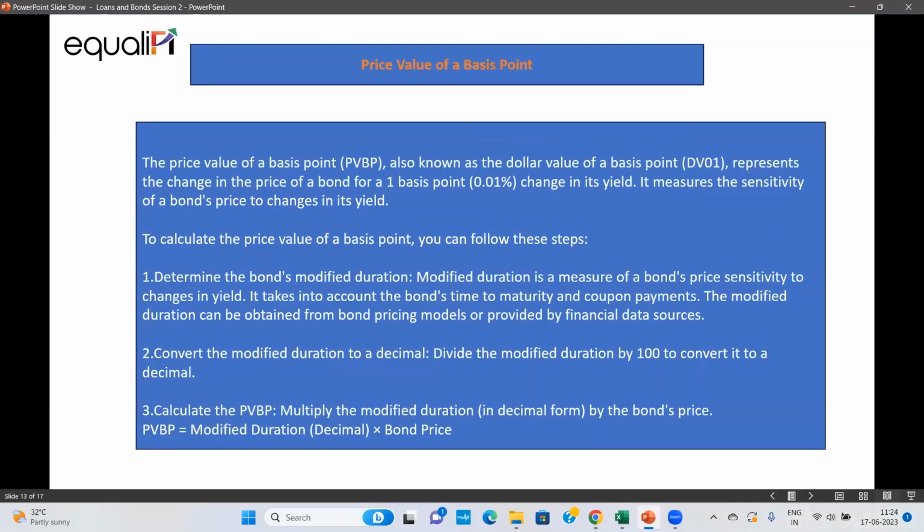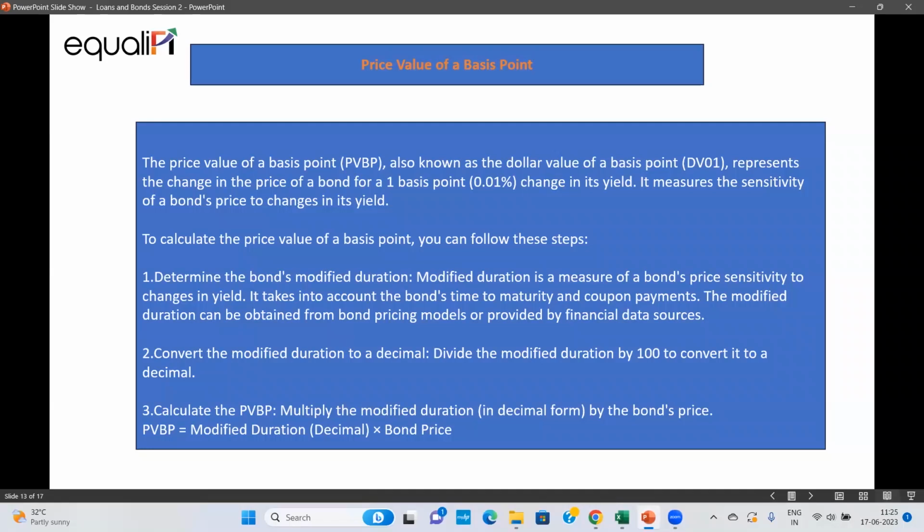The price value of a basis point is also known as the dollar value of a basis point. Why did I talk about your modified duration? Because that is used in price value of basis point. It represents the change in the price of a bond for a 1 basis point change in the yield. So again, the same thing: how much my bond price is changing based on a 1 basis point change in the yield. It measures the sensitivity of the bond's price to the change in yield.